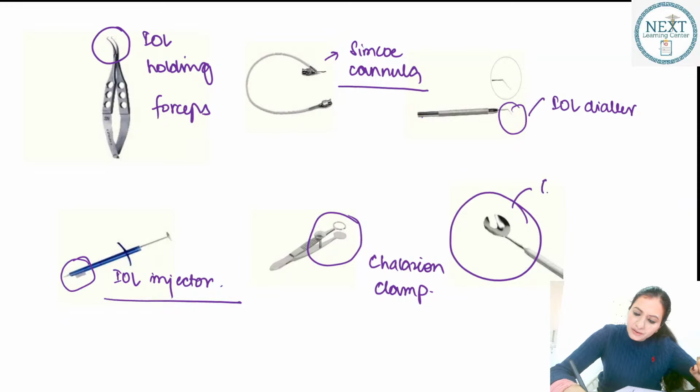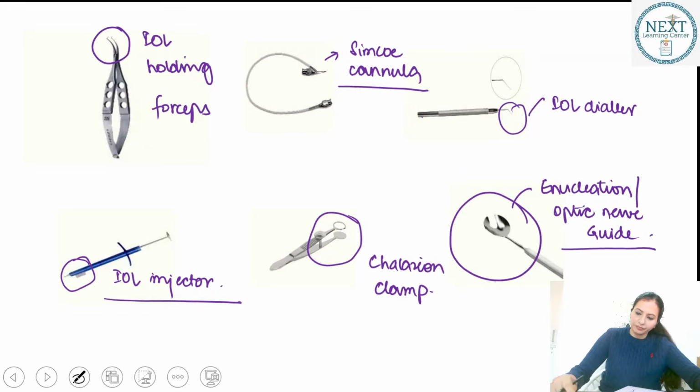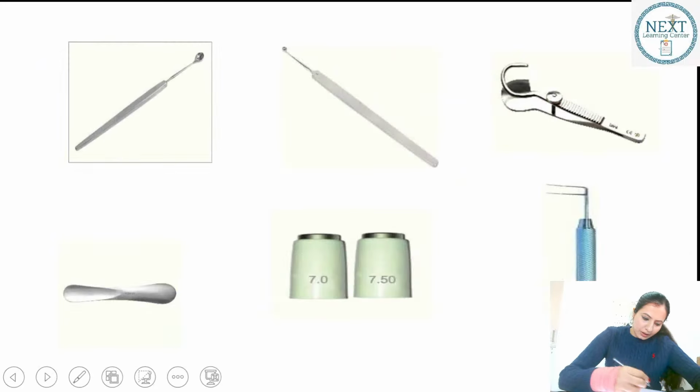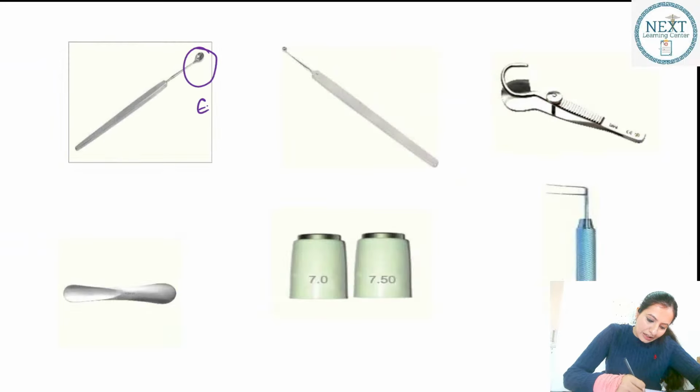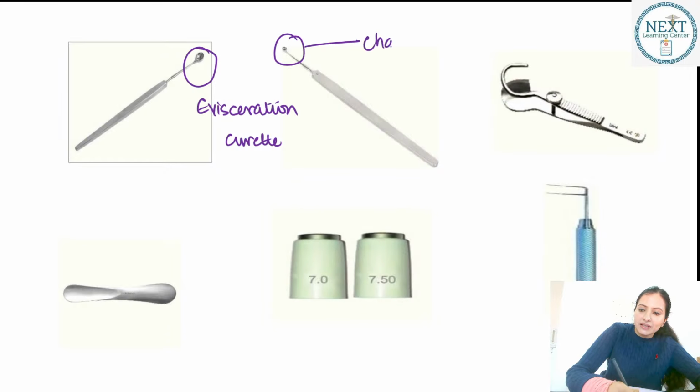This is an enucleation or optic nerve guide. This is an evisceration curette. It is bigger, okay, but if you have a very small curette like this, it is a Chalazion curette.